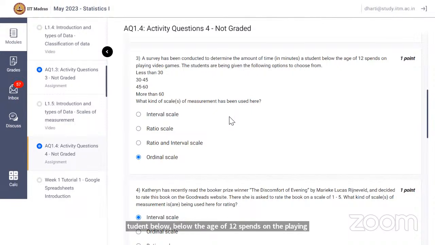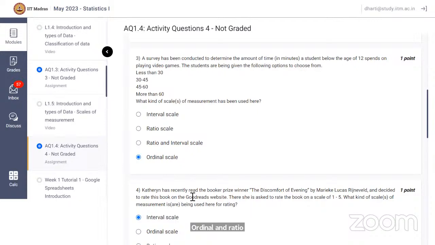The students are given the following options to choose from: less than 30, 30 to 45, 45 to 60, more than 60. What kind of scale of measurement has been used here? Ma'am, I'm confused between ordinal and ratio.